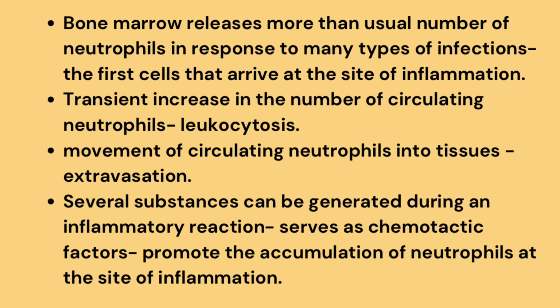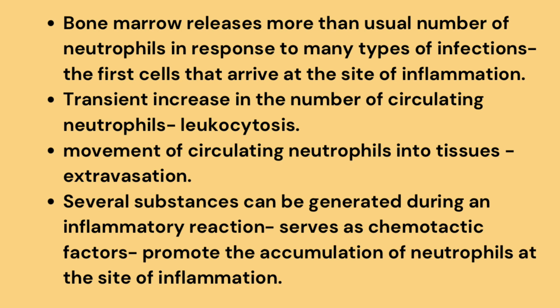And then they will migrate towards chemotactic signals that are being released from the site of infection. Once they reach that affected tissue, the neutrophils will eliminate the pathogen by phagocytosis or by releasing antimicrobial substances. So I hope you understood about extravasation.